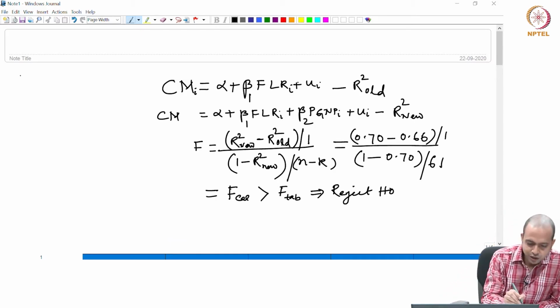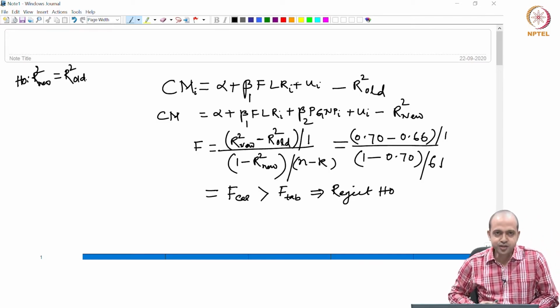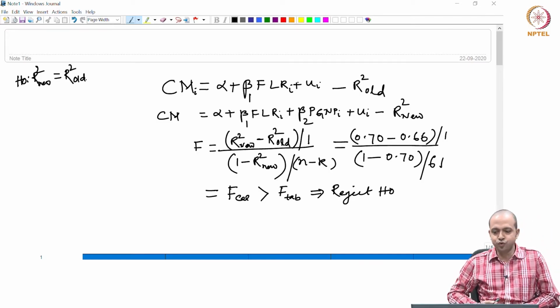And what was your H naught? If you remember, our H naught was R square new equals R square old. So, that means there is no significant difference between the new R square and the old R square.